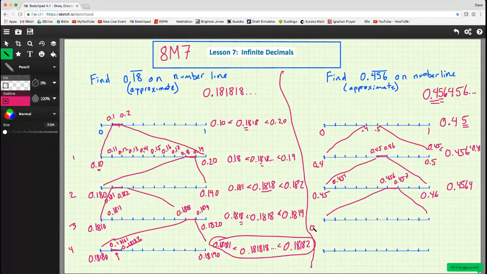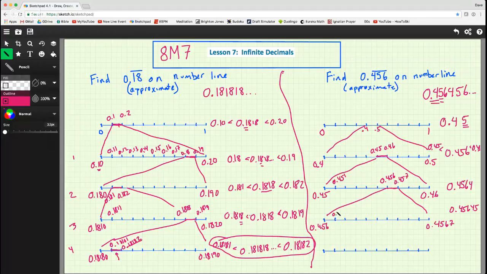So this is 0.456, 0.457. Now I need 0.45645. So now we've got to go back to 0.1.